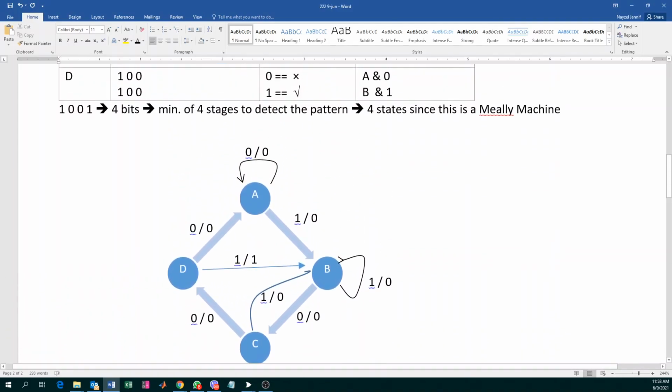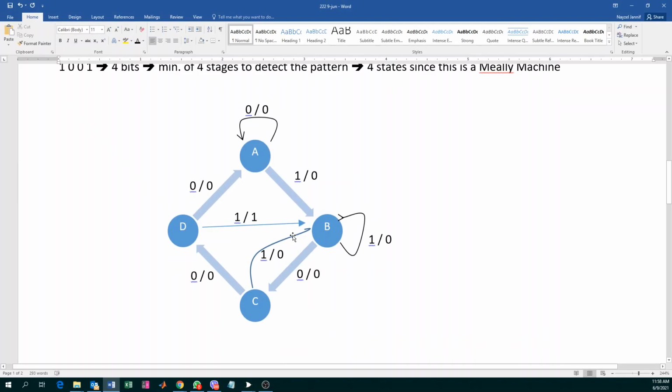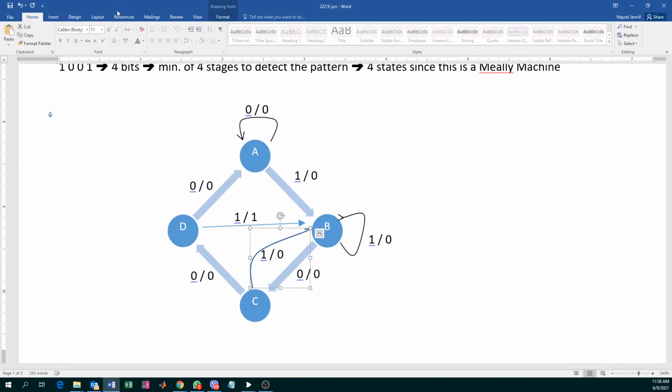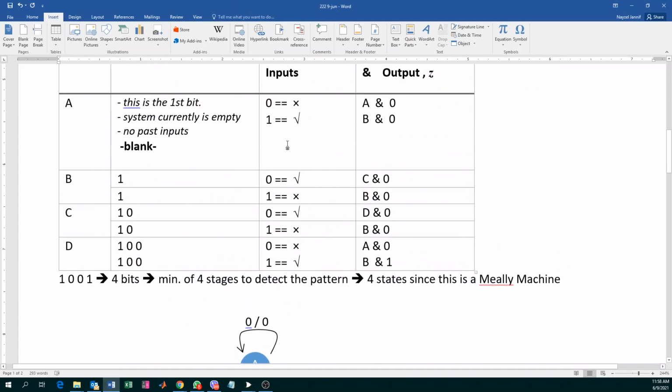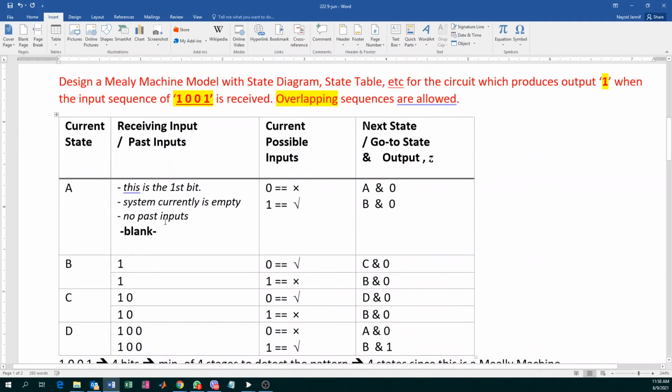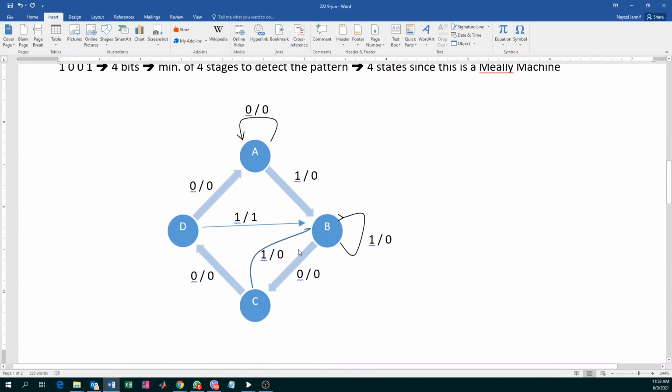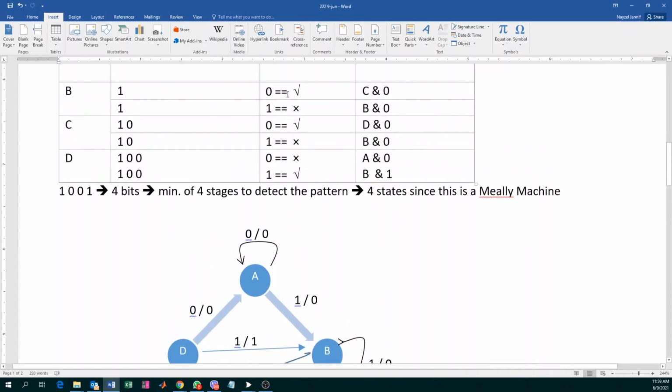Guys, any questions so far? Any particular questions you have for me before we move on? After this stage, the hardest stage is drawing this diagram. In fact, after doing a particular set of problems, you don't need the table.